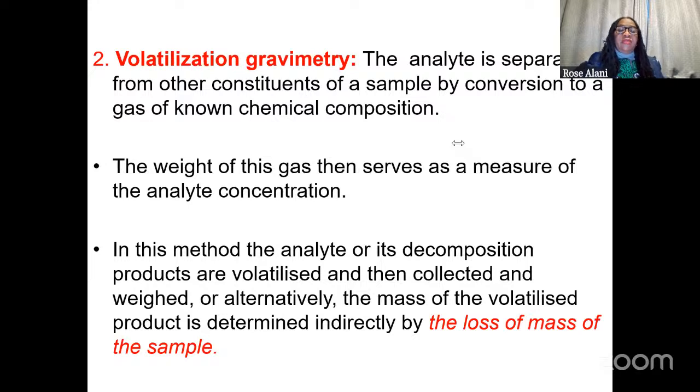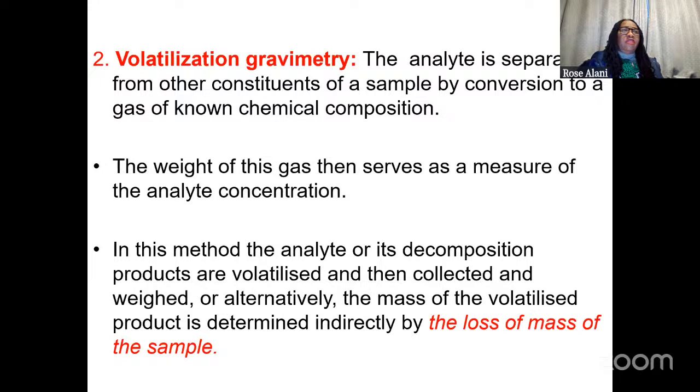So I was talking about volatilization gravimetry, and I've told you the analyte of interest is converted into gas, and then the weight of the gas is taken, and that gives the concentration of the analyte. Apart from doing it that way, you can also do it by an indirect method. That is, the mass of the volatilized product is determined indirectly by loss of mass of the sample.